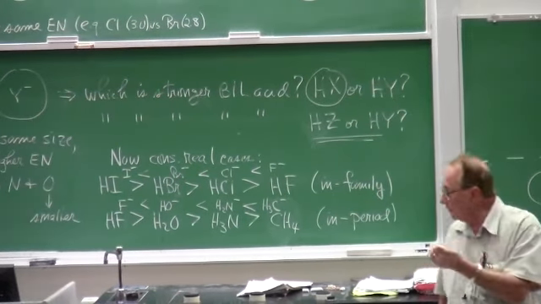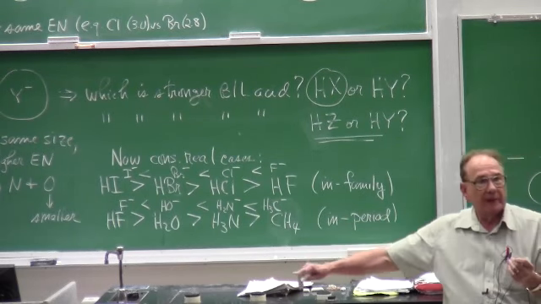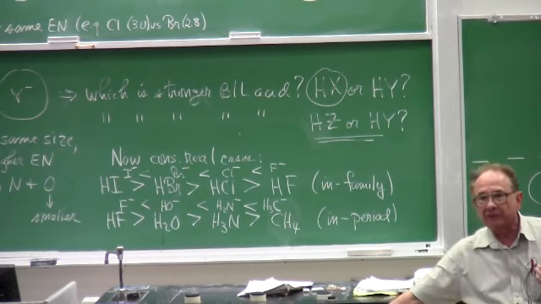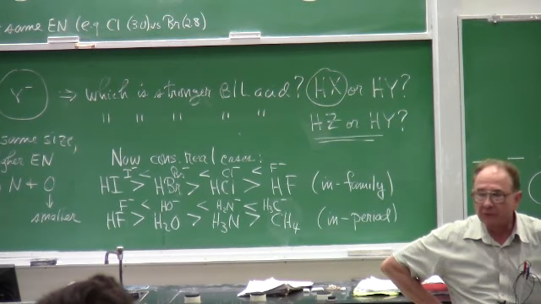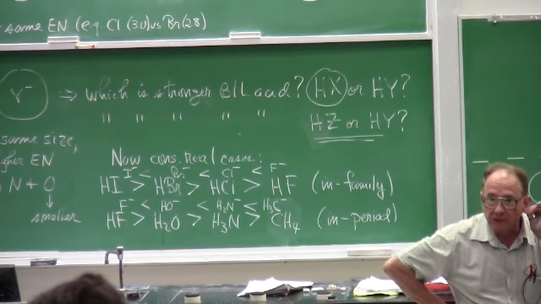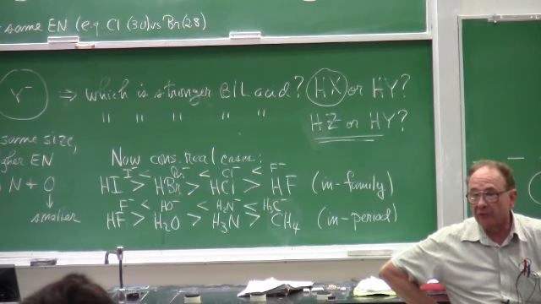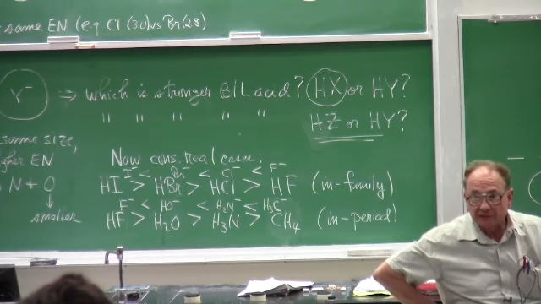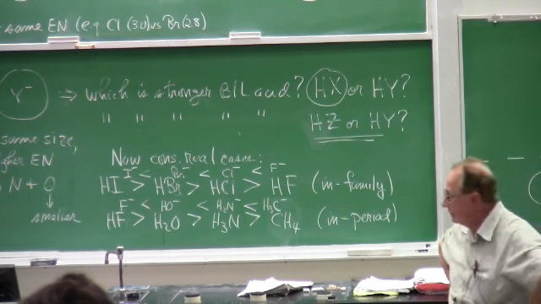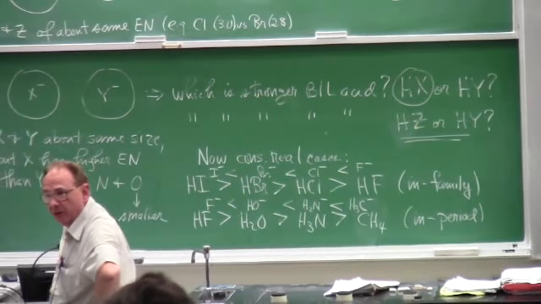Would you like to argue that fluoride ion is a stronger base than chloride ion based on electronegativity or based on charge to size ratio? What is your conclusion? Charge to size ratio, because you know fluoride ion is derived from fluorine, which is the most electronegative atom in the periodic system. So the electronegativity argument doesn't work.